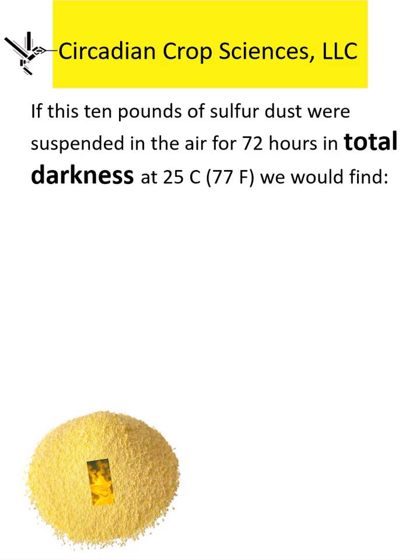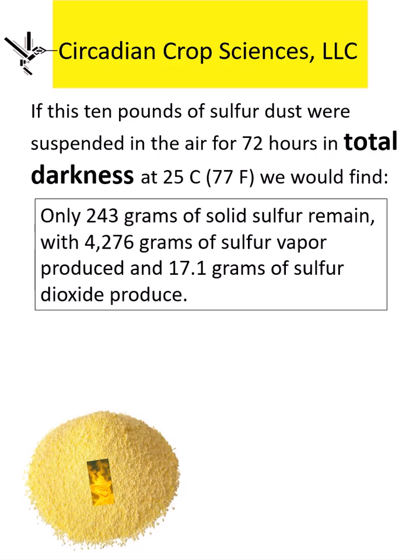If this 10 pounds of sulfur dust were suspended in the air for 72 hours, dispersed so that oxygen is around every particle, and suspended there for 72 hours in total darkness at 25 degrees Celsius, we would find that only 243 grams of solid sulfur remain, with 4,276 grams of sulfur vapor produced and only 17 grams of sulfur dioxide produced.